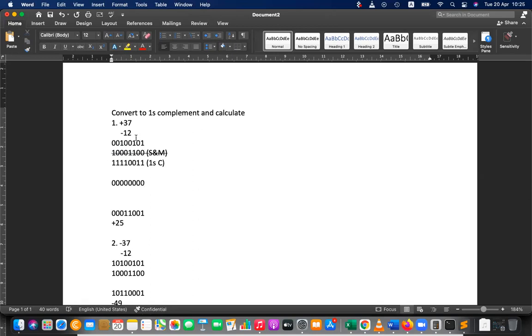What is 1 plus 1? It is 2, so you write 0 and take the 1 to the next level. Then again 1 plus 1, 2, you write 0 and take 1 to the next level. Again 1 plus 1 is 2, take 1 to the next level. Then 1 plus 1 this time is 1, 1 plus 0 is 1, 0 plus 1 is also 1.